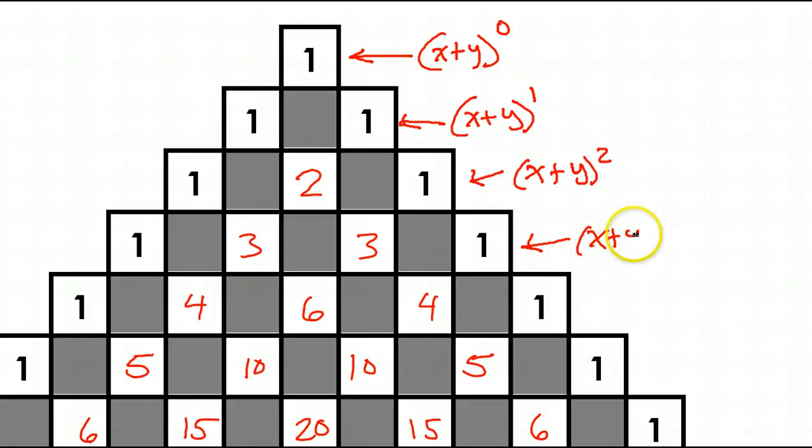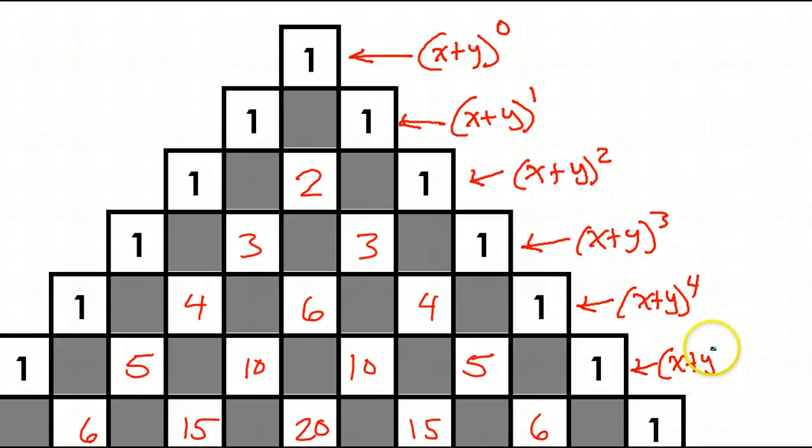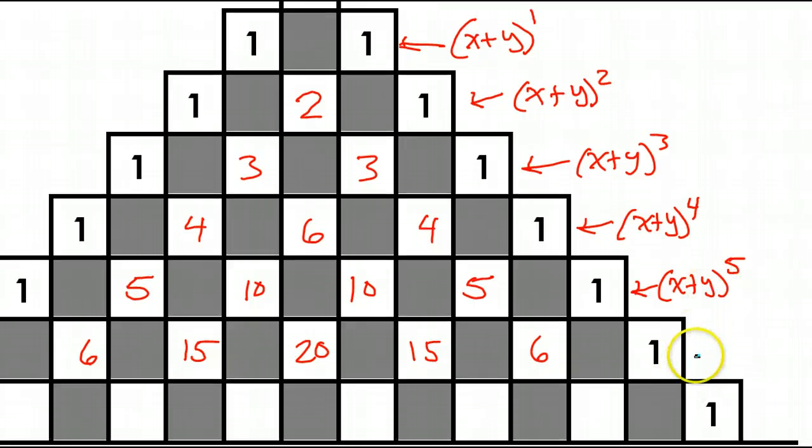If I have a binomial to the third power, I will use these. If I want to do a binomial to the fourth power, these will be my coefficients. And a binomial to the fifth power. And of course, if I want to do a binomial to the sixth power, I will use these coefficients.